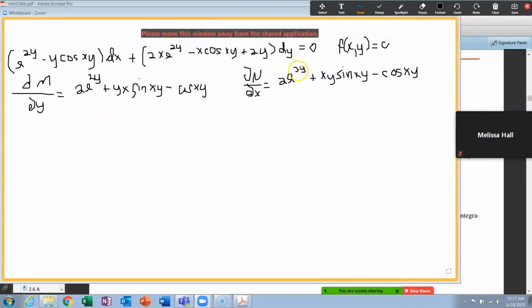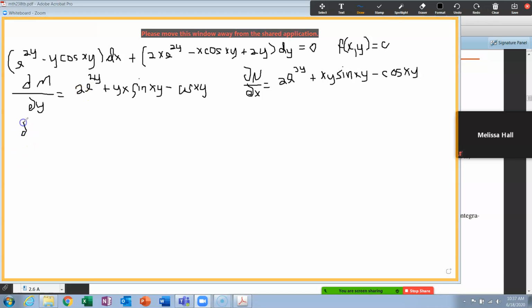Okay, our assumption is that there is some function that's a constant function that when you take the total derivative of it, you'll get this, which means the partial of this thing right here with respect to x must be that. So there's our first assumption.